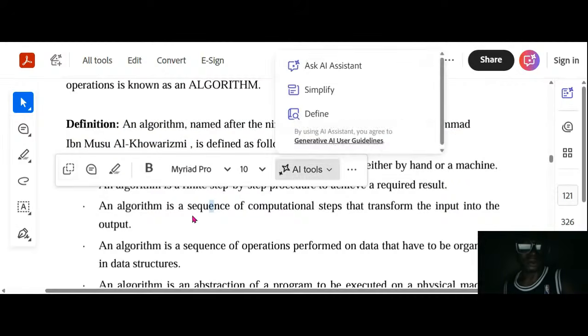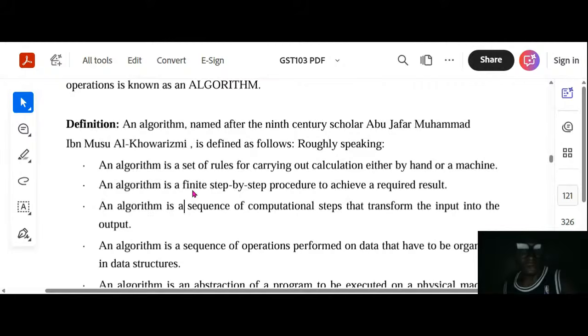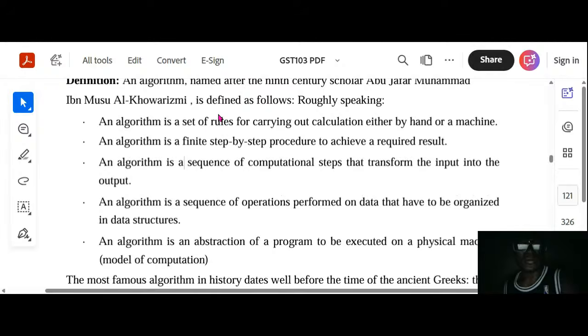Now, how did this man roughly define algorithm? An algorithm is a set of rules for carrying out calculation either by hand or a machine. An algorithm is a finite step-by-step procedure to achieve a required result.